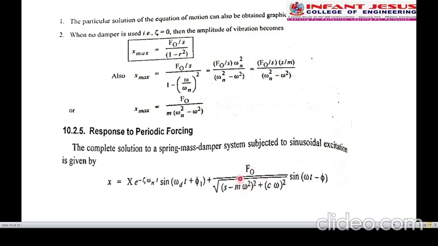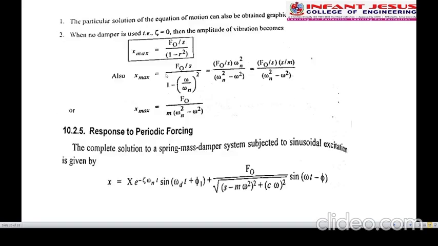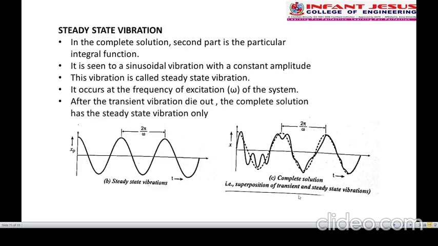When the first part becomes 0, the next part is taken. The second part is the particular integral function. In the formula you can see a sine term, so it will be a constant amplitude.